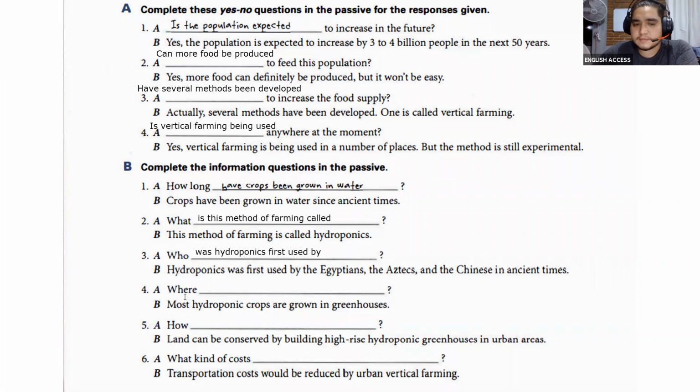Number 4, Miss Maddie. All right, Lizzie. Tommy.